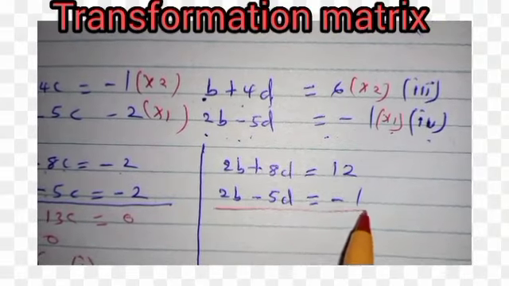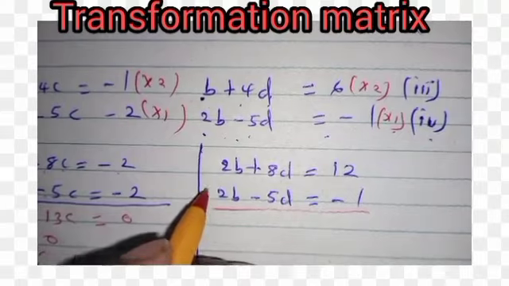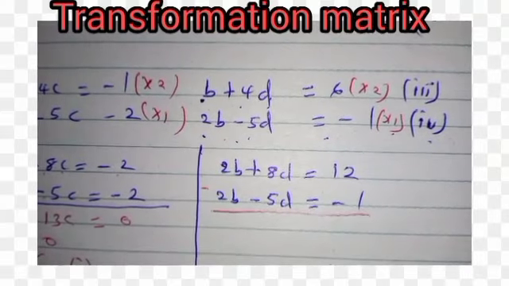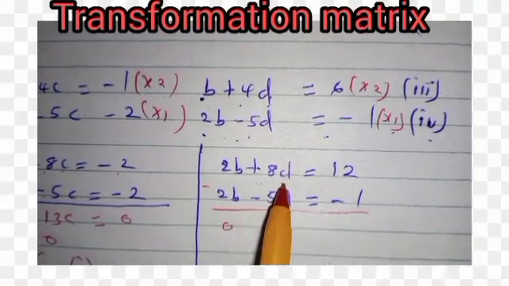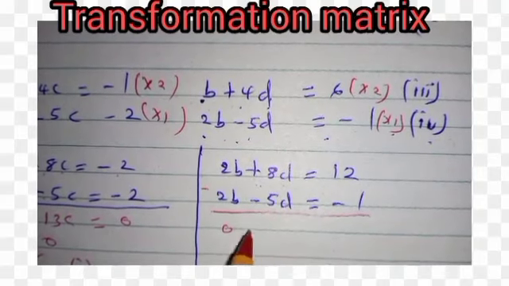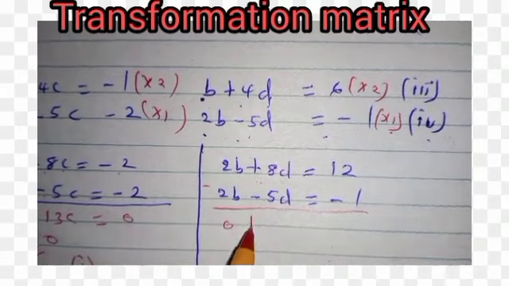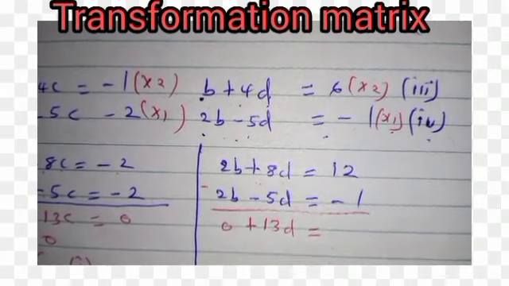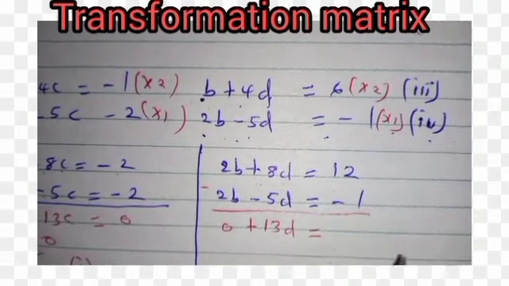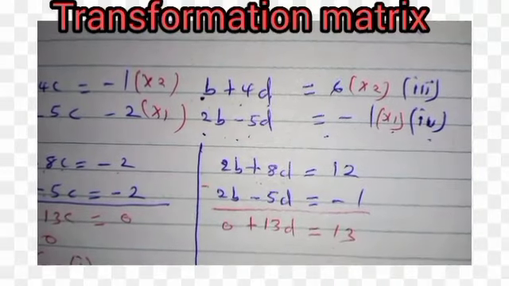Then you subtract these two. 2b minus 2b will give you 0. 8d minus 5d will give you plus 13d, which is equal to 12 minus 1 will give you 13.